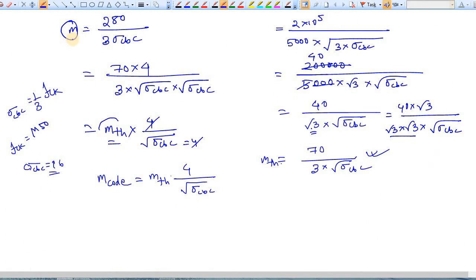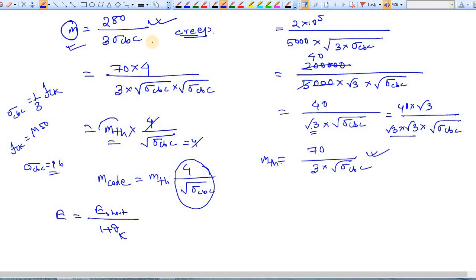But in the code this modular ratio takes into consideration the long term effect like creep. That's why it has been increased by this factor. If you use the actual E, that is E equal to E short term divided by 1 plus theta, where theta is the creep coefficient, you will get this exact value. So till now if you thought that this value was from an empirical formula, you are completely wrong.